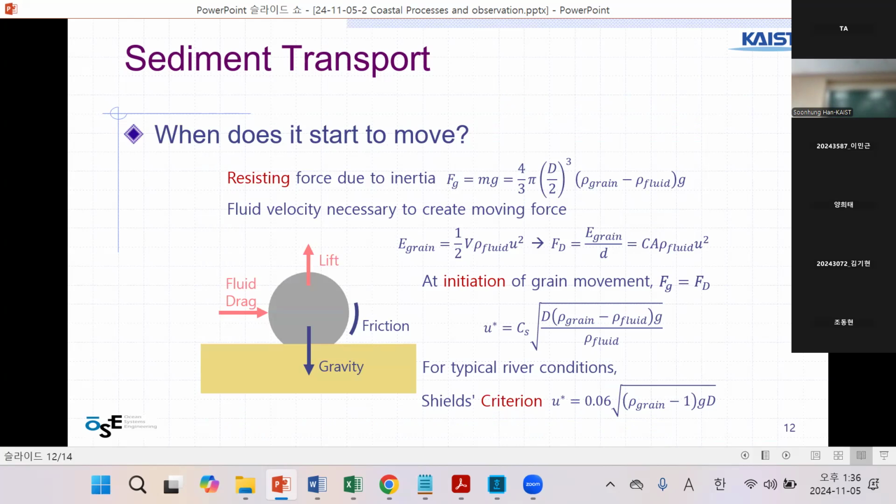So for a dam, if you want to construct a dam across the river or stream, you need to calculate how much sediment will be coming and can be deposited there. So it is usually the subject of civil engineering and coastal engineering.